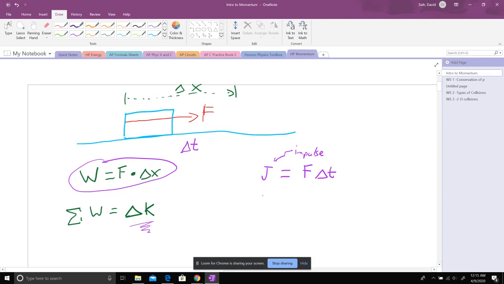Instead of changing the kinetic energy of the system, it's going to change the momentum of the system. So if I add up all of the impulses done to the system, that would equal the change in the momentum. Now, the symbol for momentum is going to be a lowercase p. Okay? And so we're going to change the momentum of the system when we apply an impulse.